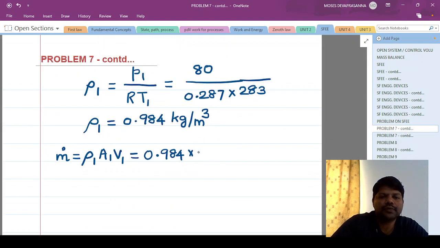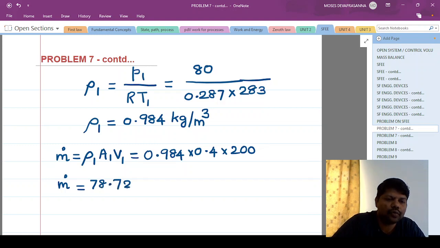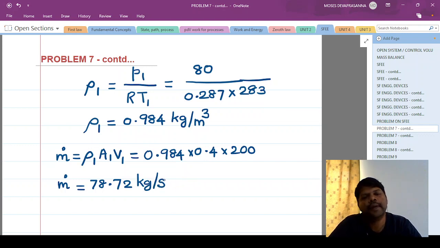Let me substitute those values, 0.4 into 200, which gives me a value of 78.72 kilogram per second. So this is the mass flow rate through the diffuser. This is the answer for the first question, mass flow rate.